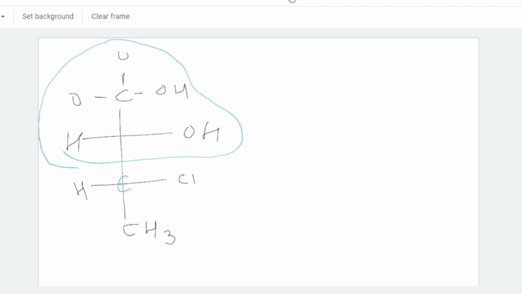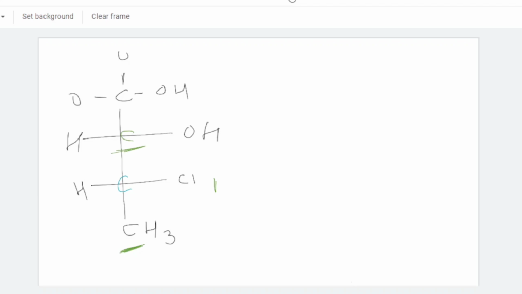So consider this portion also. So first of all, you should give the priority first, 1 to the chlorine. Then you can see that here this carbon is connected with this C2 carbon and this is another carbon. On both sides there is carbon. So you should consider the next atom.